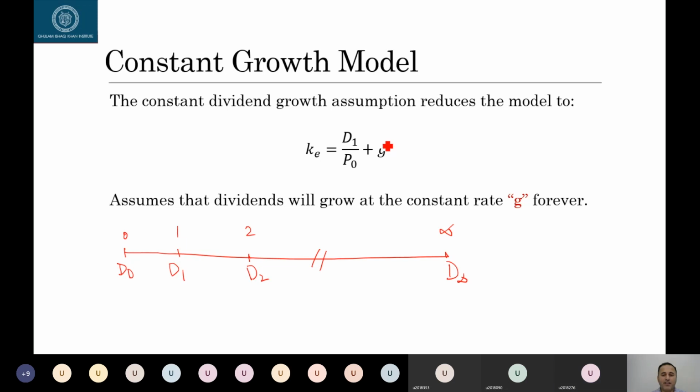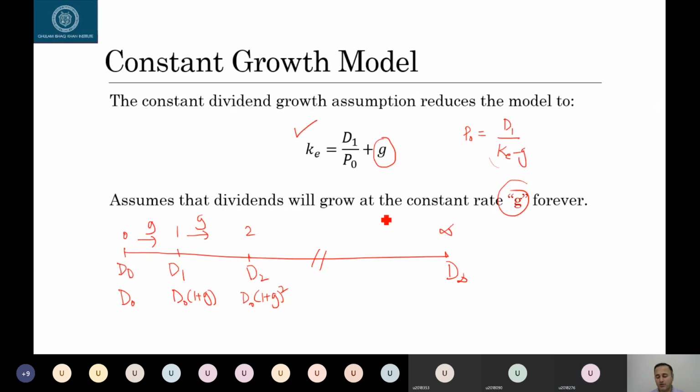Now the assumption is that the dividend grows by a rate of G. So the growth rate is G. For example, if dividend here is D0, here it is D0 into 1 plus G. In year number 2, it's D0 into 1 plus G squared, because dividend here grows by G, and then again it grows by G. So within the years, the growth is G. The formula that we derived in chapter number 4 was P0 equal to D1 divided by KE minus G. So you can easily now calculate this KE.